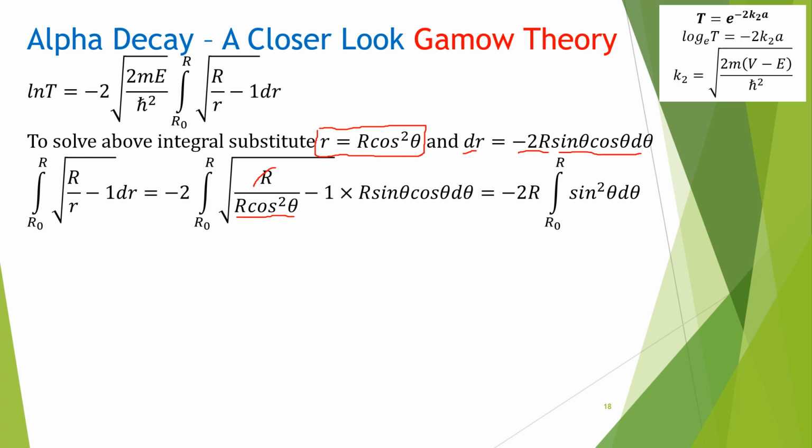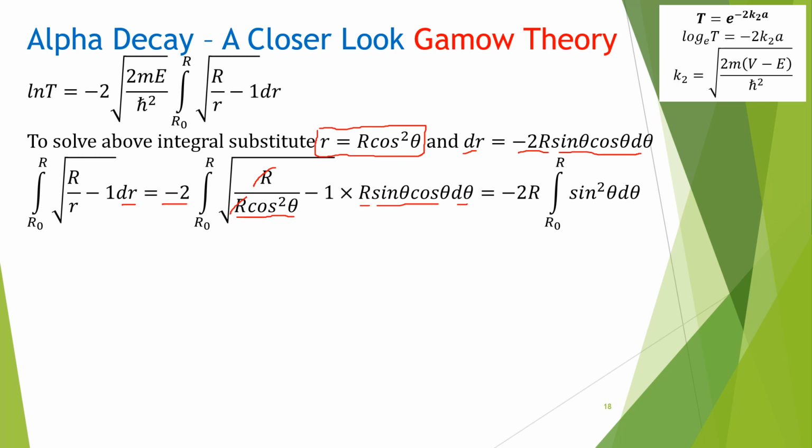So this R is cancelled here, and we are left with 1 upon cos square theta, and this 1 upon cos square theta minus 1 can be further simplified by trigonometric identities, and this dr is being replaced by minus 2R into sin theta into cos theta d theta.